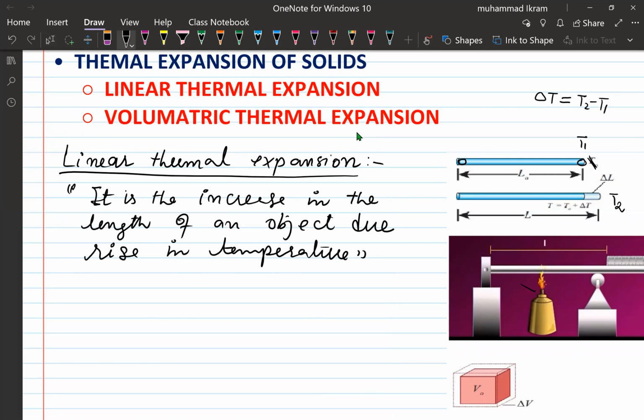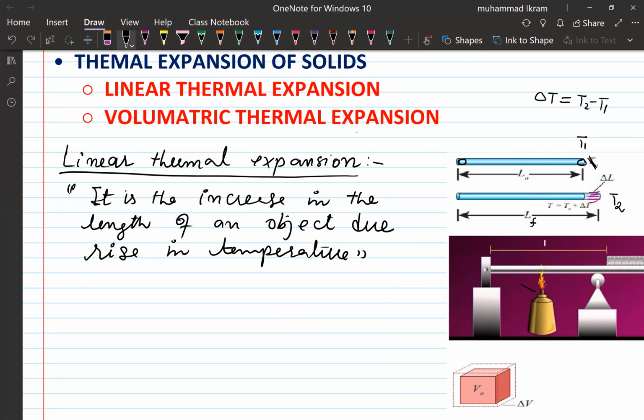The new or final length of the object is L. This is the increase in the length of an object due to heating.